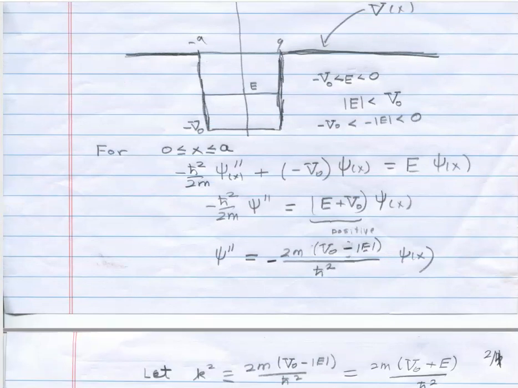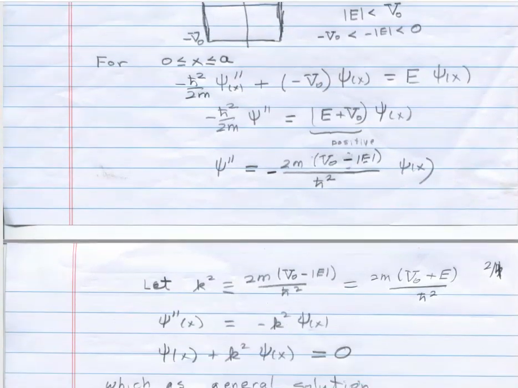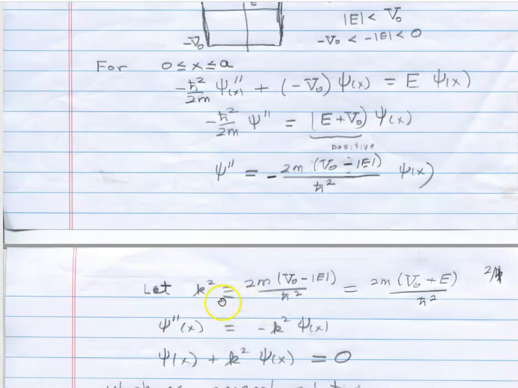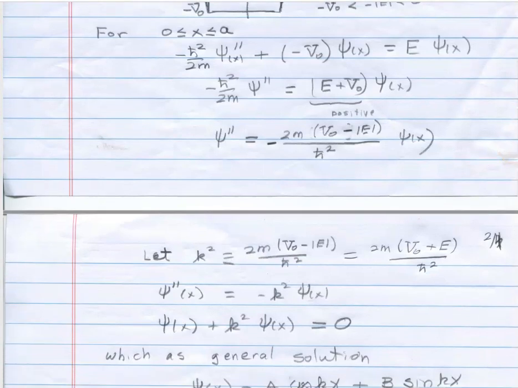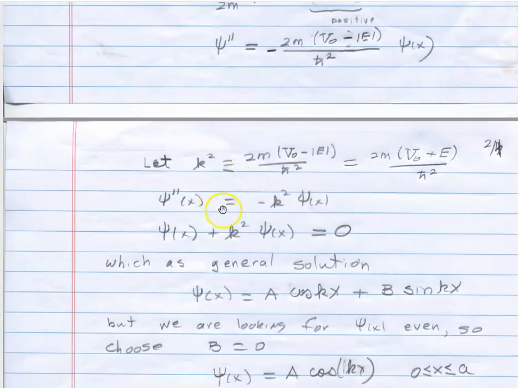I can identify that fact, and I'll just let k squared be that positive term, 2m times V naught minus the absolute value of E, over h bar squared. Most of the time I'm going to write it like this, and just realize that the energy is minus its absolute value here, so that E is negative. It's constant, but it's negative.